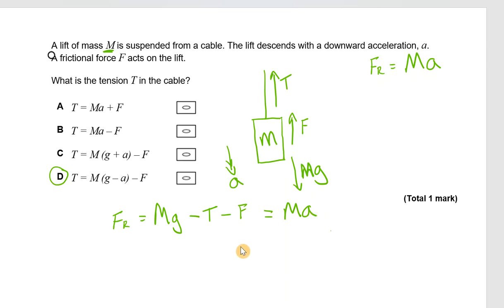I can do lots of rearranging and I can discover that the tension is equal to Mg minus Ma minus F, and simplify the whole thing. And that is answer D.